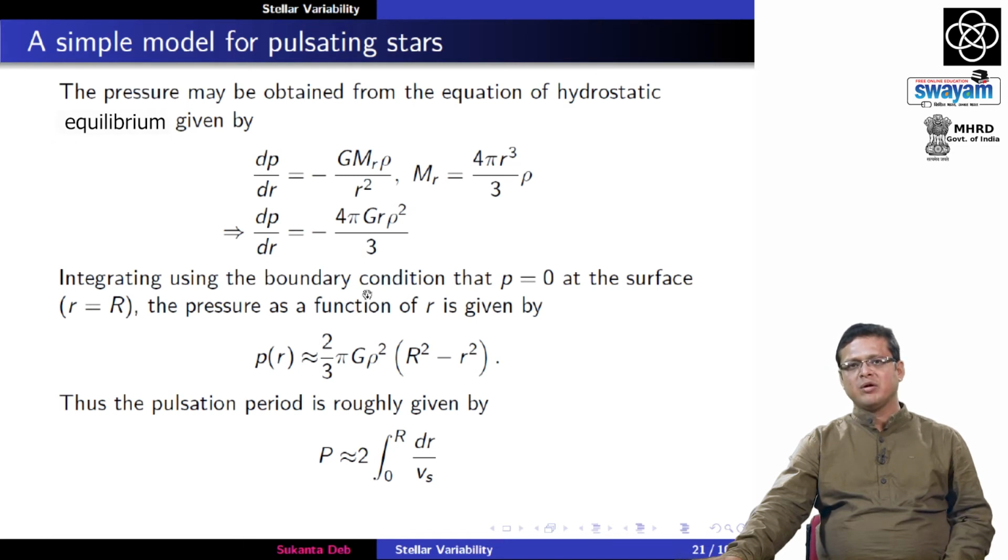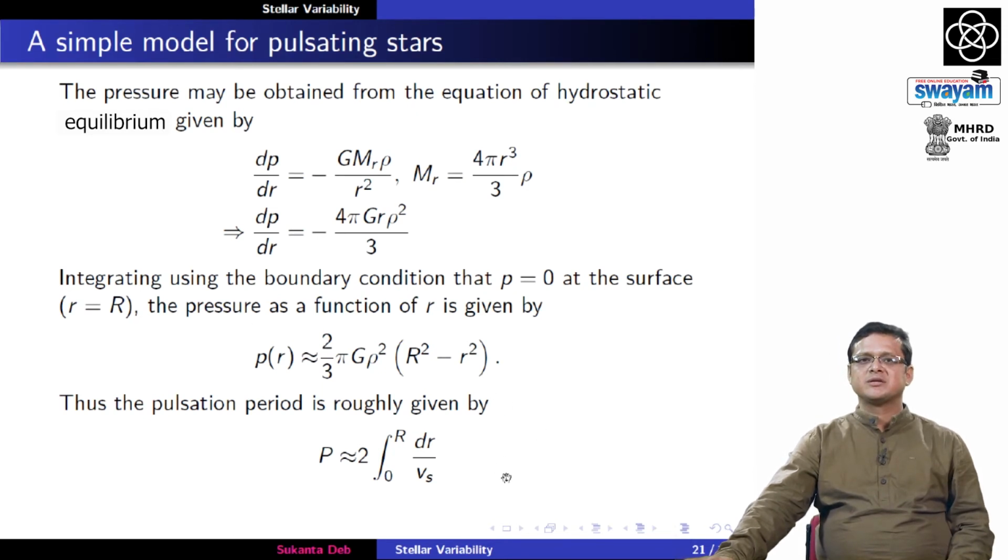Now, integrating the above equation using the boundary condition that the pressure at the surface is equal to 0, we can write the pressure as a function of r given by this expression: 2 by 3 pi G rho square, capital R square minus small r square.